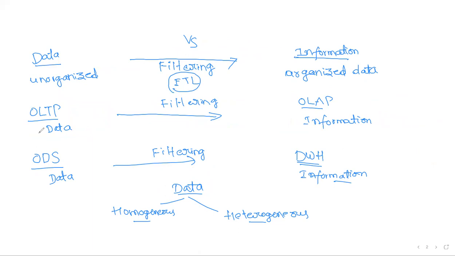So OLTP is the data as an input, information is nothing but OLAP. ODS is the data that is stored in the beginning. DWH is the information. It means the information is more clear, more precise, more analytical. It means you are ready to give reports when the data is available in DWH format or in OLAP format or in organized format.